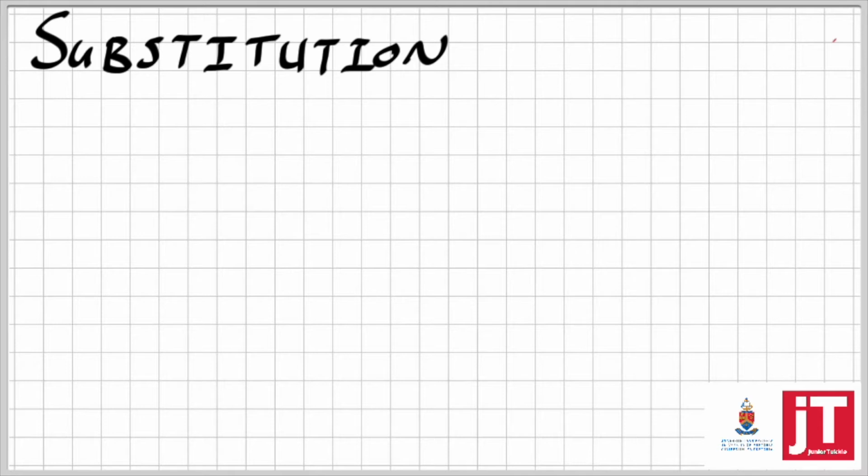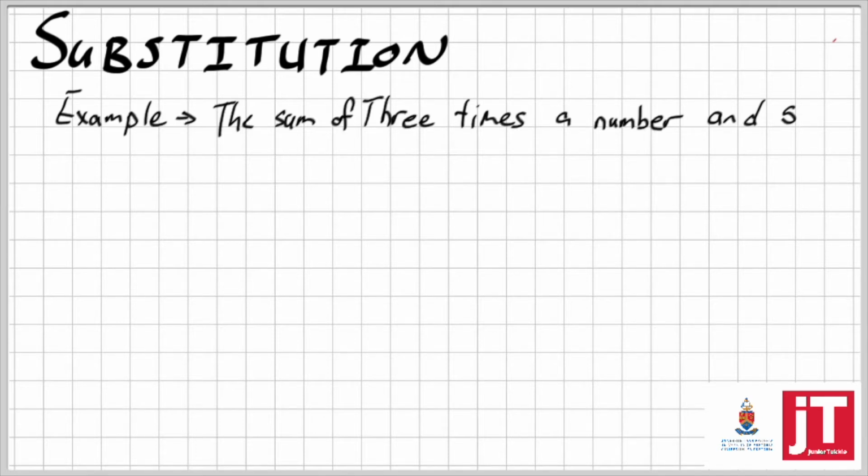What if I've got an algebraic expression, let me get my grammar correct there, and I now want to replace a value back into it. So it's kind of reversing the process of where we were. Let's take an example. The sum of 3 times a number and 5.